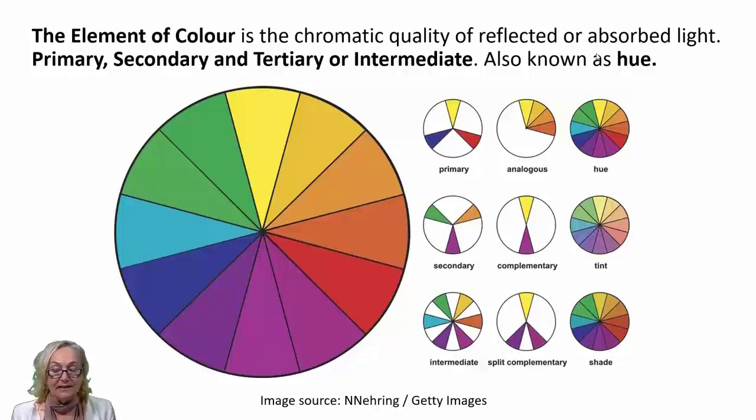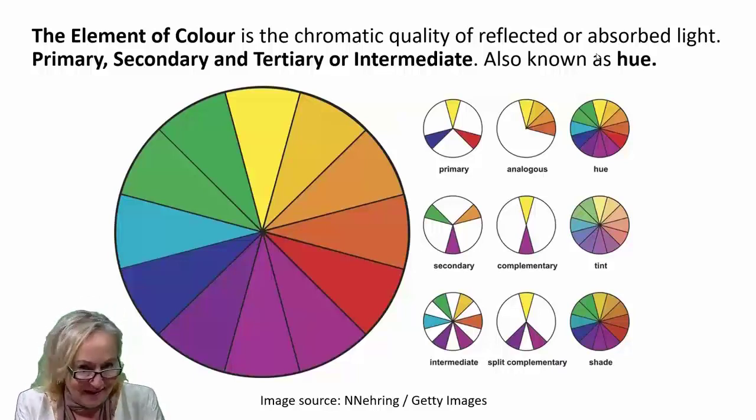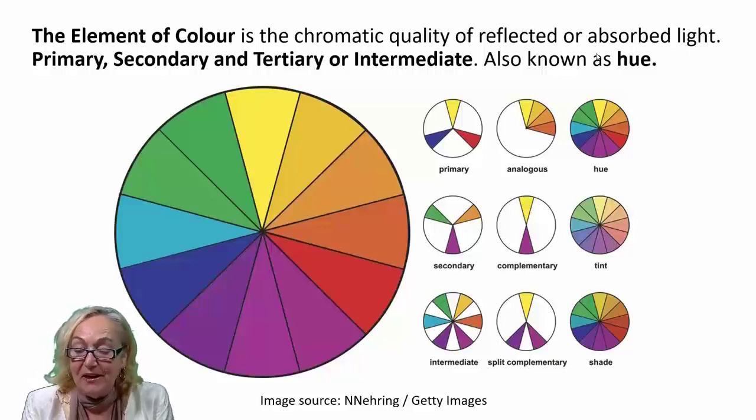Now, also on this slide, you'll see that there are several other words and images. We have analogous color contrasts. There are several other terms and images on the slide which are important to know as a designer, and they begin with the color relationship of analogous.